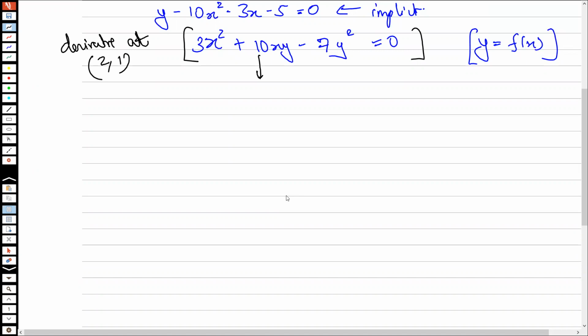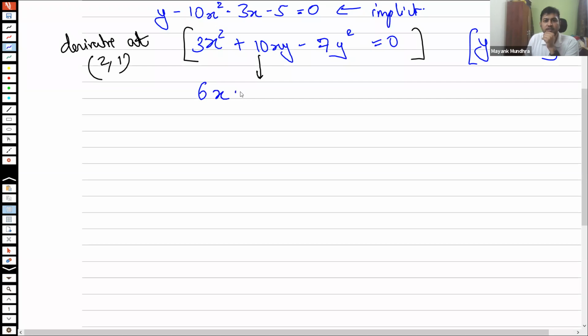So I got minus 7 by 3. Okay, all right, so let's check this thing. Differentiating this would give me 6 times x plus 10y plus 10x y prime minus 14y y prime equals 0.